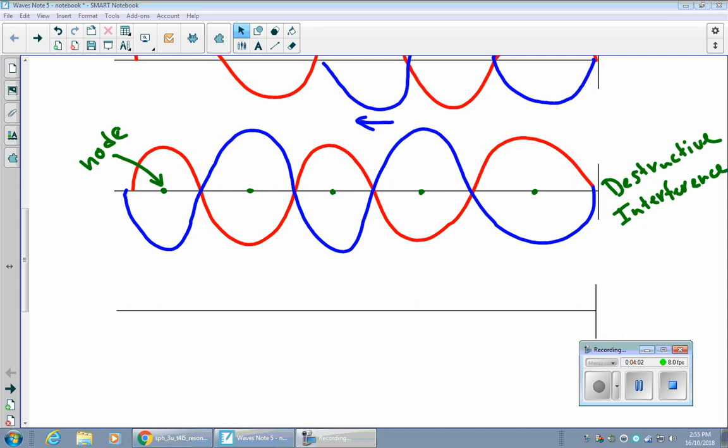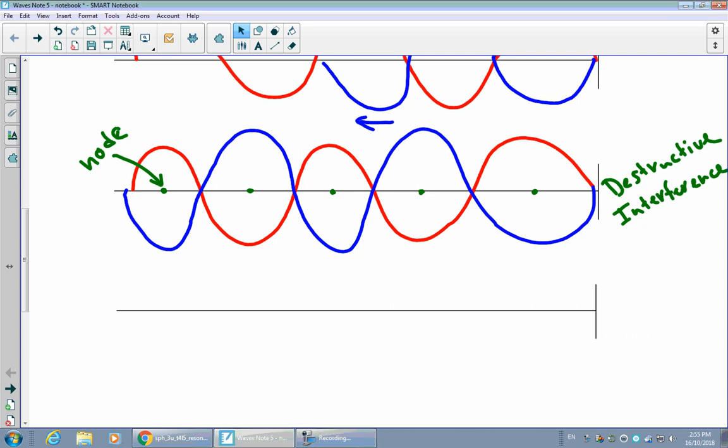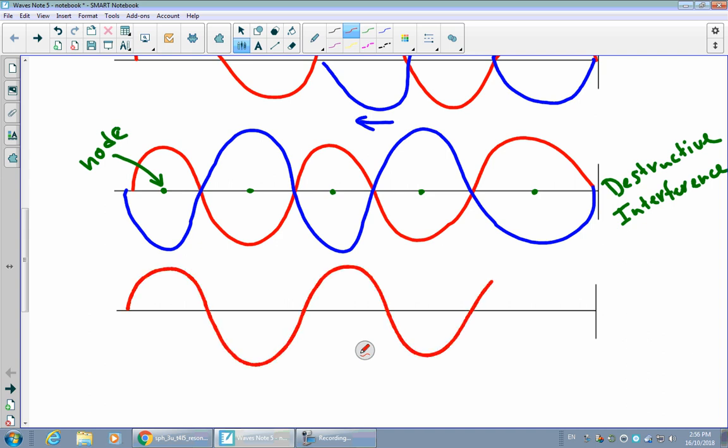So even though right now, for one split second, they have destructive interference, if we wait just a little bit longer, we'll get a slightly different pattern. So if we now draw it once again, what would happen if I waited a little bit longer? So obviously, originally, when the first few pulses meet the end, they're going to reflect back.